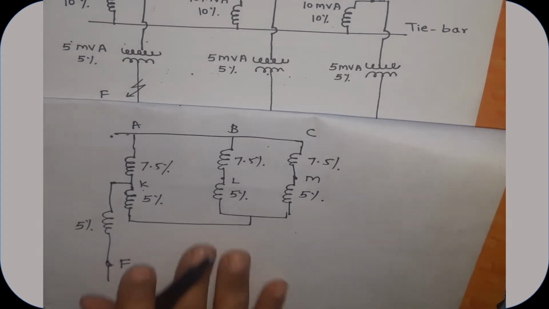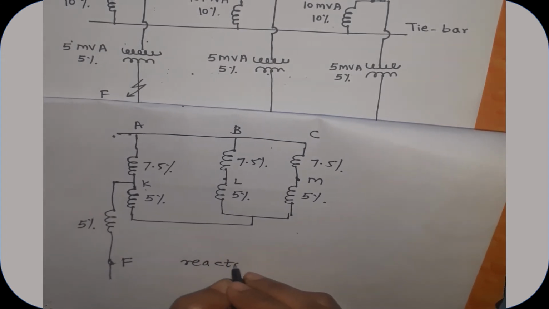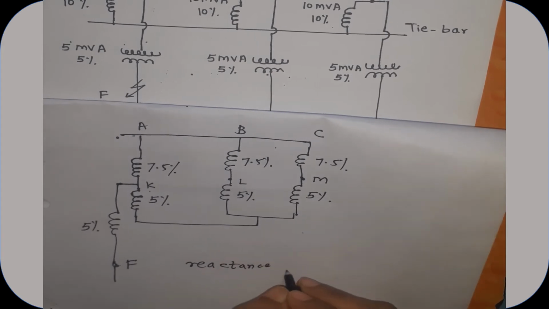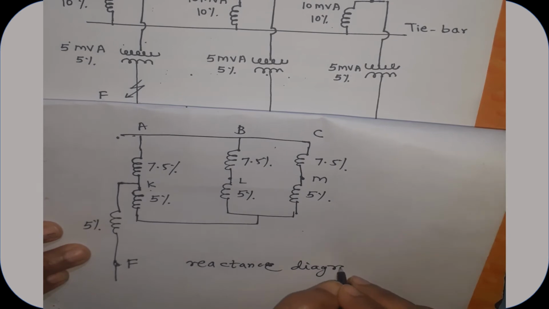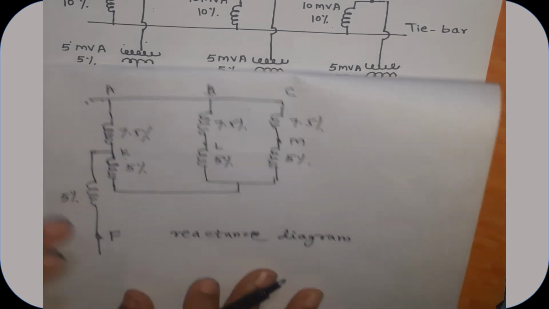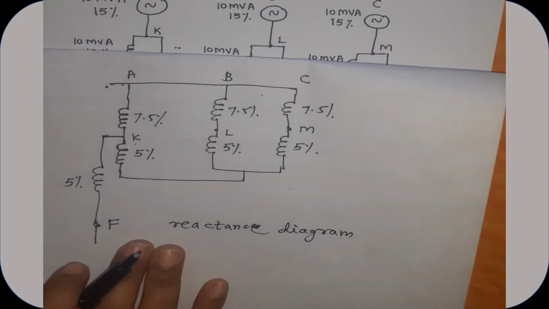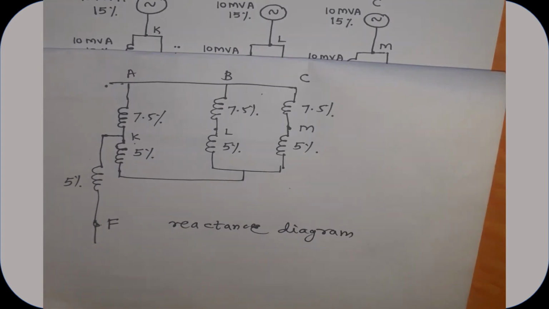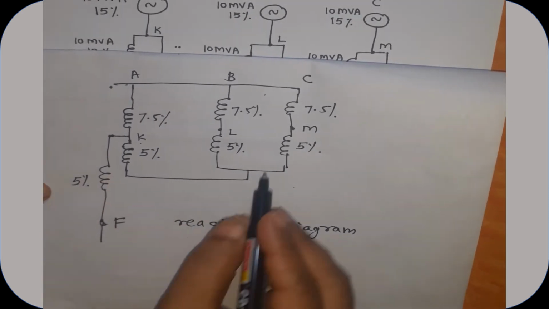So in this way we will get a reactance diagram. This is your reactance diagram. Now by referring to this reactance diagram, you have to find the equivalent reactance of the system. By series parallel combination, you will get that value.